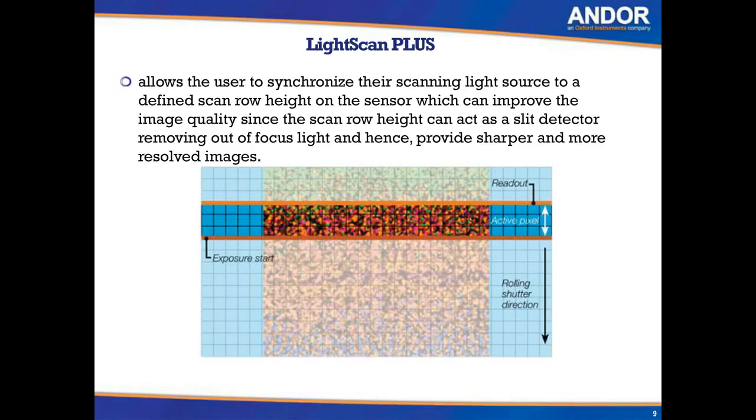So you could decide, okay, I just want 10 pixels or 10 rows of pixels to be exposed. So you set the actual width of this. And it almost looks or acts like a confocal slit detector, and it removes out of focus light. So it therefore provides sharper and more resolved images. So it allows you to improve the contrast of your final images by removing out of focus light.